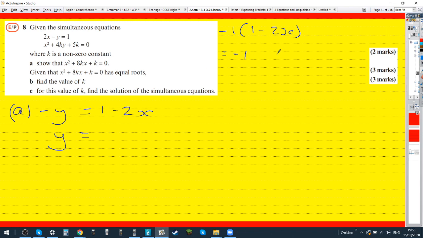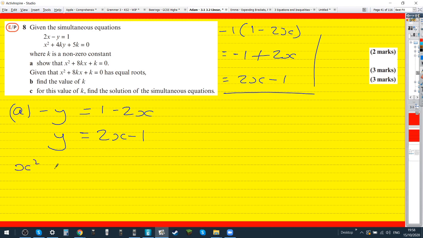So it's plus 2x. So minus 1 plus 2x, which is the same as 2x minus 1. And so minus y is equal to 1 minus 2x, and so positive y is equal to 2x minus 1. What is next? And then you substitute 2x minus 1 for y.